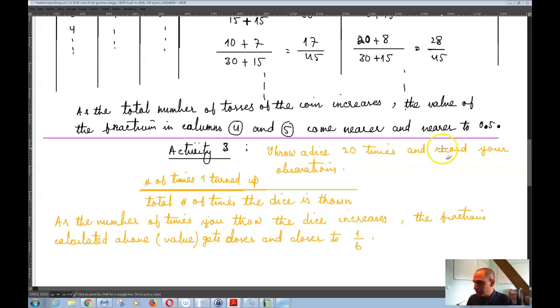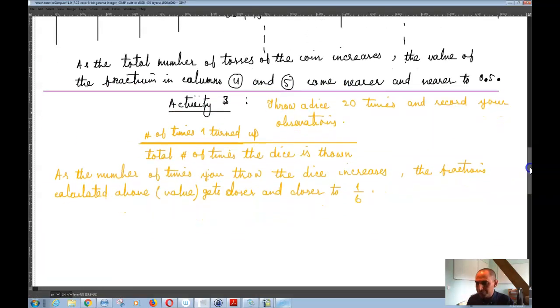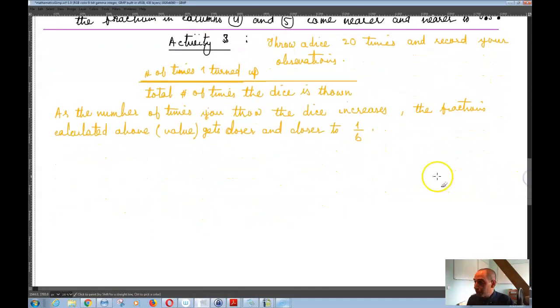So then you can create a table here: the total number of times the dice is thrown in a group, and then the cumulative number of ones, and so on and so forth. Now this is just for number 1, then you can extend this to all the 6 numbers that you could get from a dice.